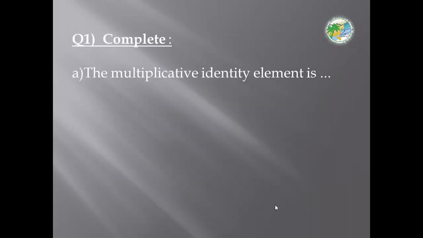Complete: the multiplicative identity element is what? What is the multiplicative identity? Which number times any number equals the same number? 1. Fine. 70 times 13 minus which number, times 13, equals 50 times 13.